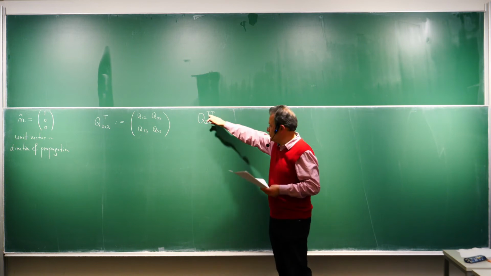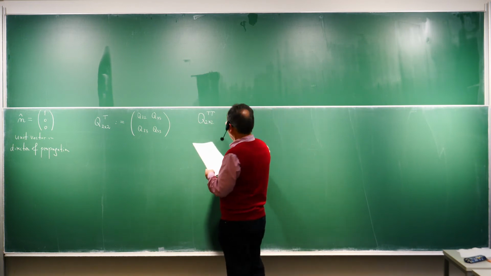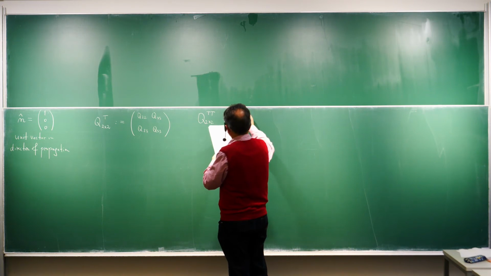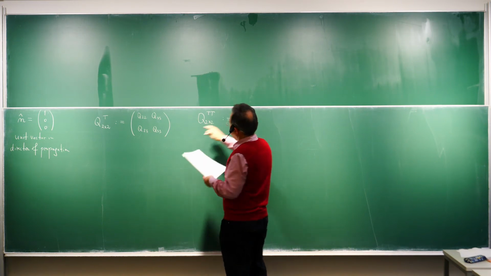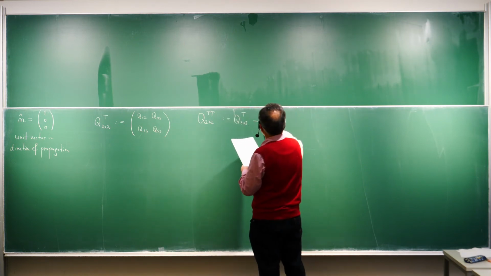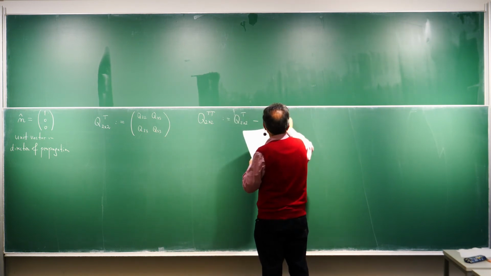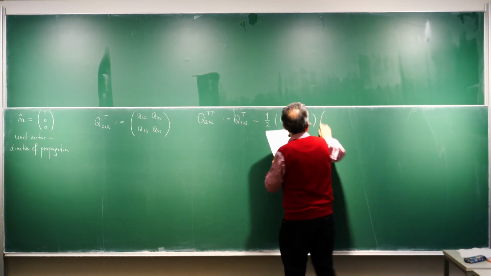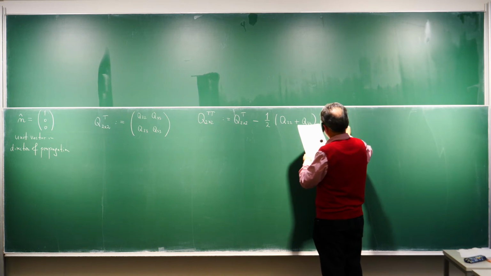That reminds, of course, of the transverse traceless gauge, in that we subtract the trace of this. And so we subtract 1/2 (Q22 plus Q33) times the identity 1, 0, 0, 1.